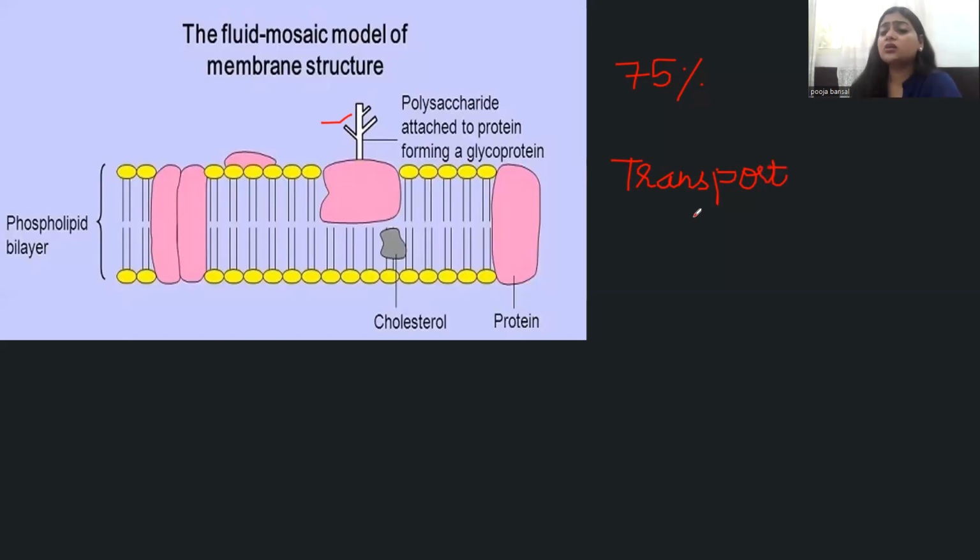Basically, two types of transport occur over here. One is active transport and the other one is passive transport. Now, what is the difference between these two, active and passive?